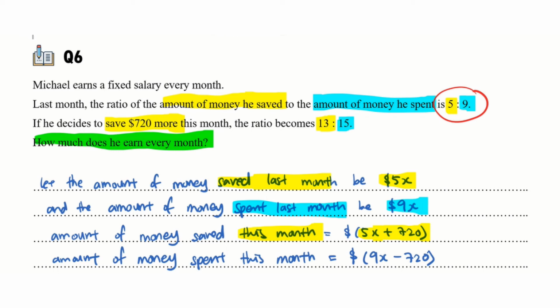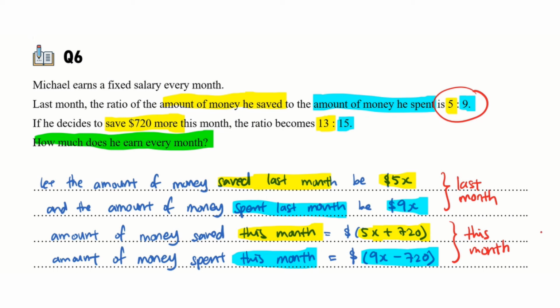Last month he spent $9x, so this month it will be 9x minus 720. This part is for last month, and this part over here is for this month. A good presentation will be whatever I've written in blue.